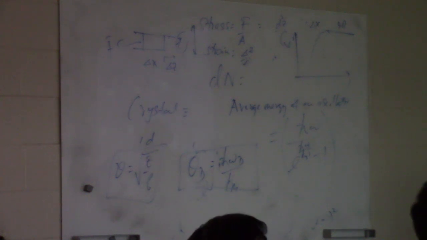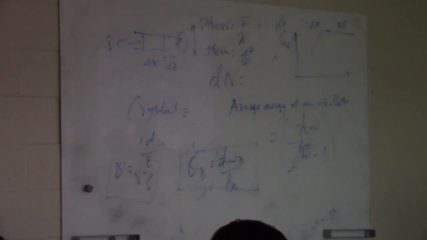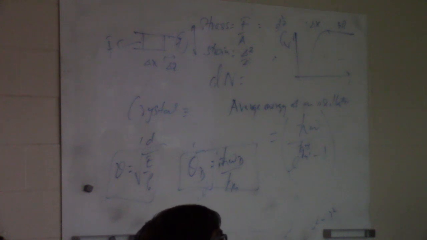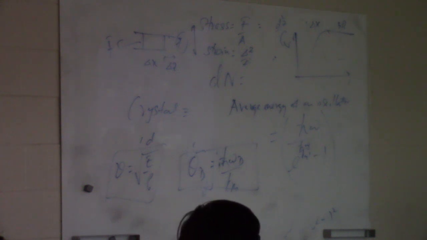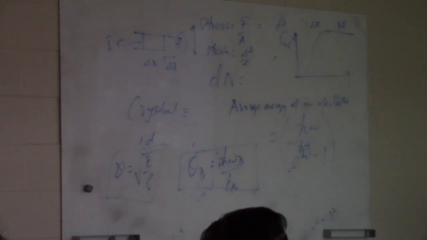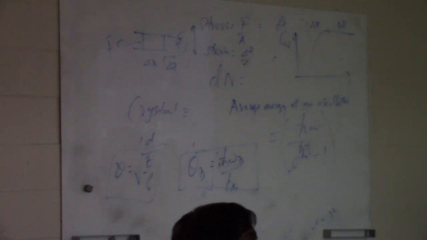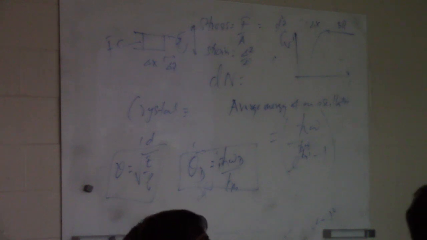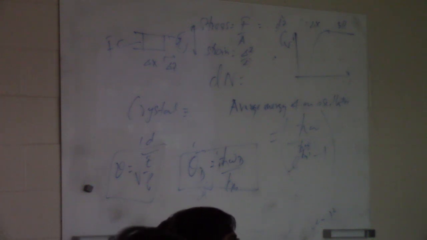We can assume all the spring constants to be C. If I consider this S atom, what is the total force on it? This atom is moving by u_s, but this one is moving by u_{s+1}. So what is the total displacement? It is u_{s+1} minus u_s, right?